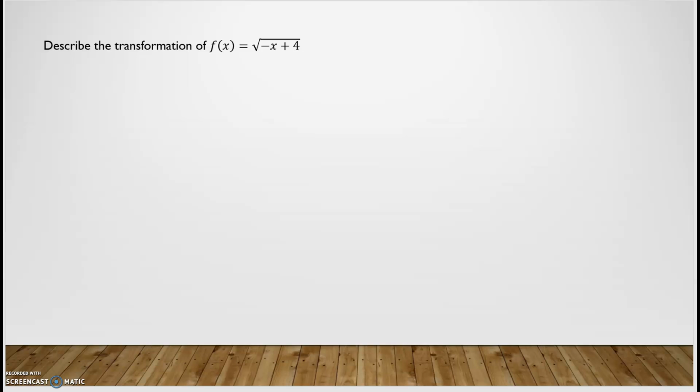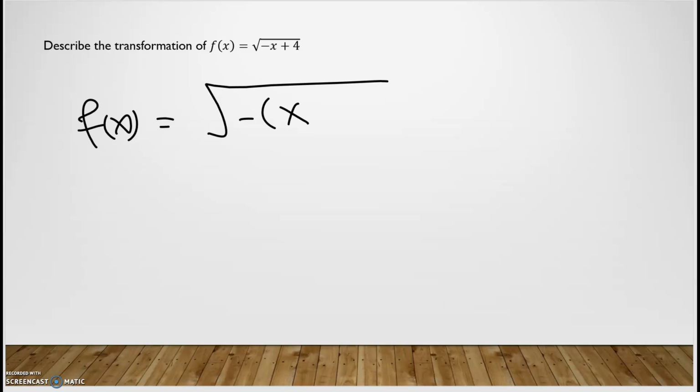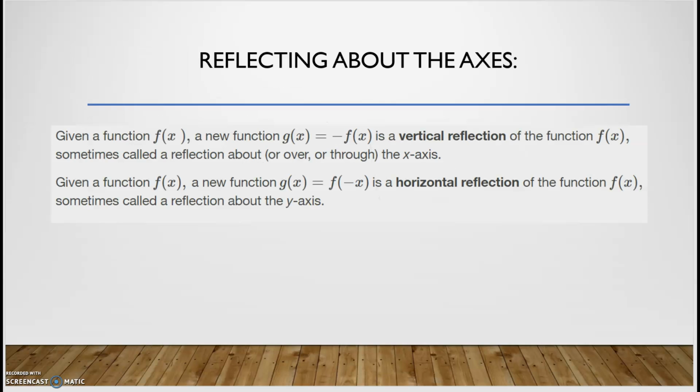Alright, this one we're going to have to change just a little bit. So we're going to write f of x is equal to the square root, and I'm going to pull the negative out, x minus 4. Now what we have is a negative by the x value. So if we go back to our reflections, a negative inside where the x is is going to be a horizontal reflection, and it goes about the y-axis.